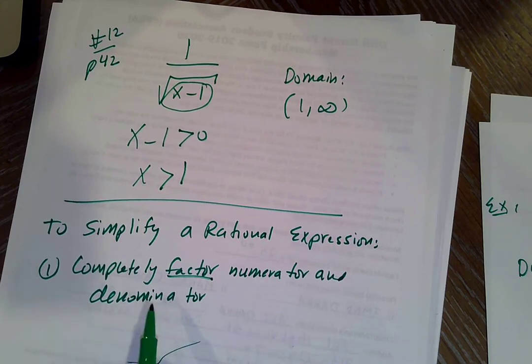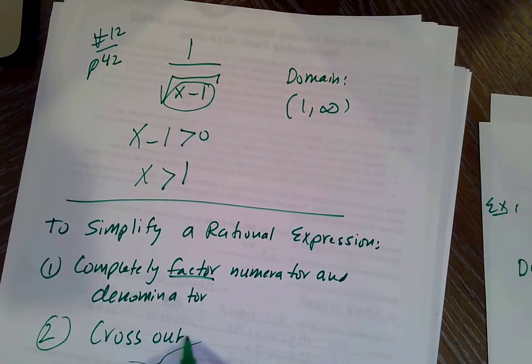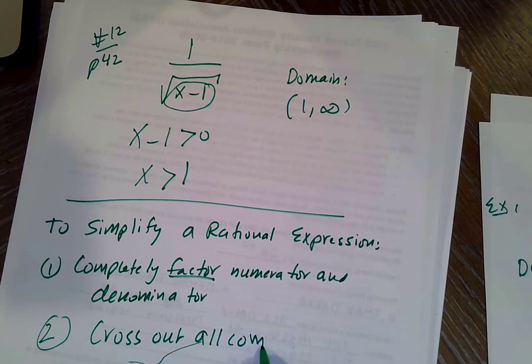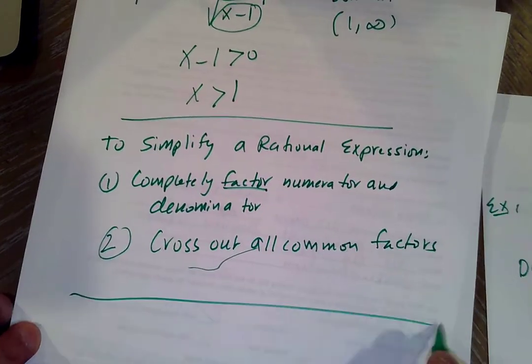Okay, so review those if you forgot how to factor, and then cross out all common factors.